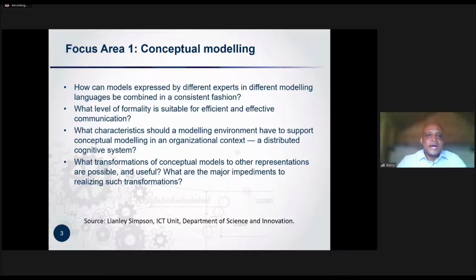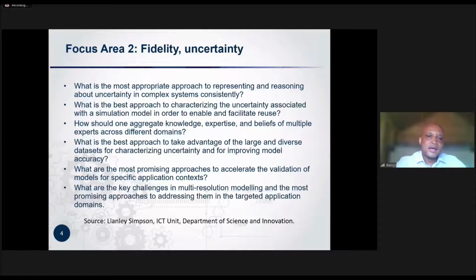Another focus area, and I won't go through all these questions, they're all on the screen, was the fidelity of the models that we build and the uncertainty of those models. Yes, you can quantify the uncertainty of a particular model, but when you combine it with a model from a different subdomain, how do you measure that uncertainty?